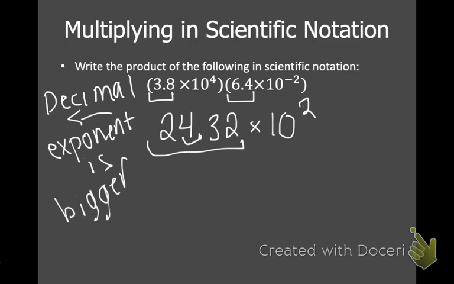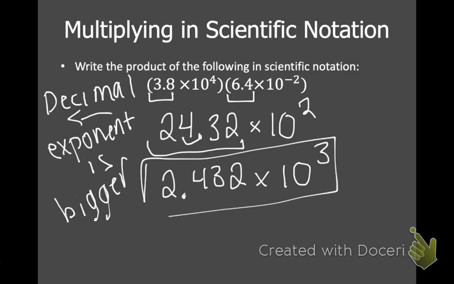Okay, and I'm only moving 1 to the left, so this becomes 2.432 times 10 to the third power. Okay, so I went to the left, exponent's bigger. Similarly, if I was going to the right, my exponent would get smaller. Okay, so that's my answer to that one.